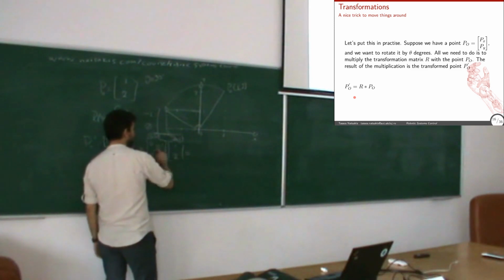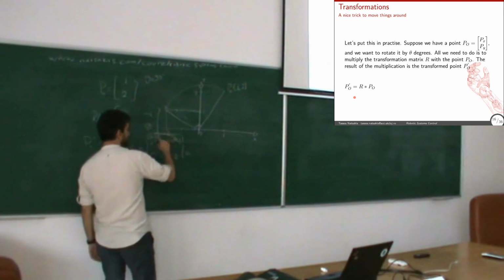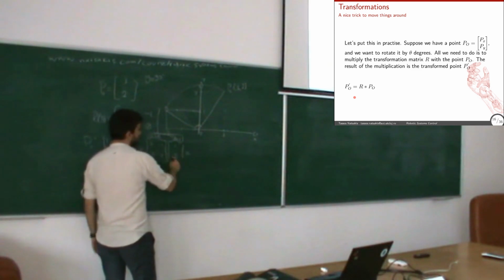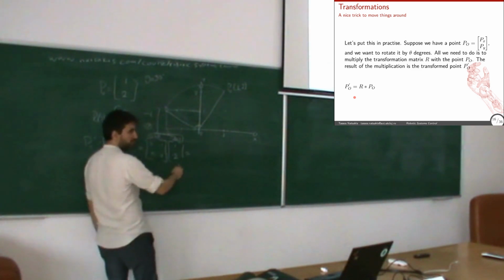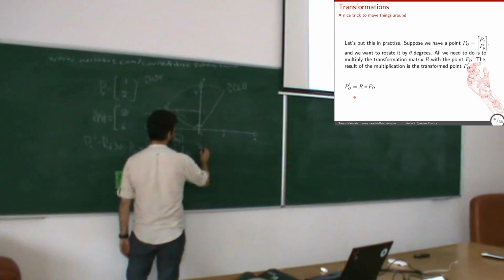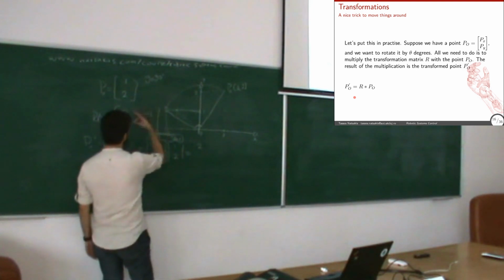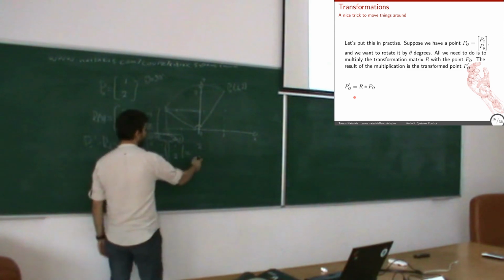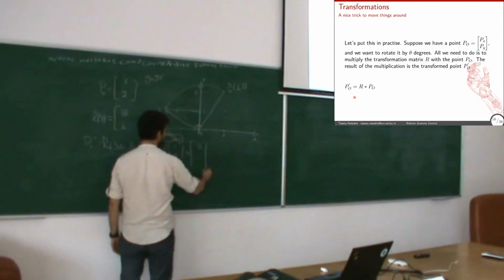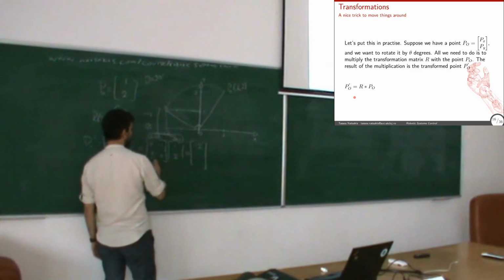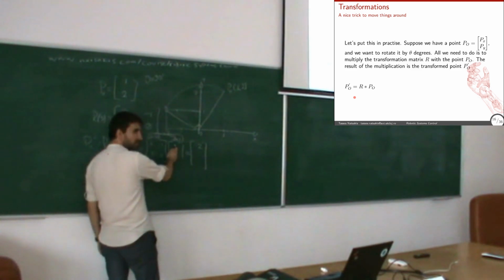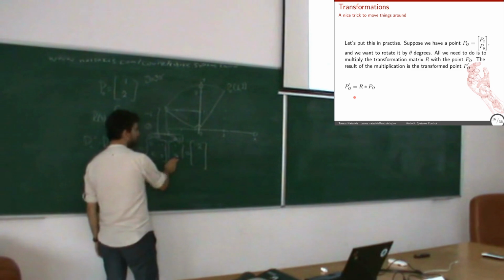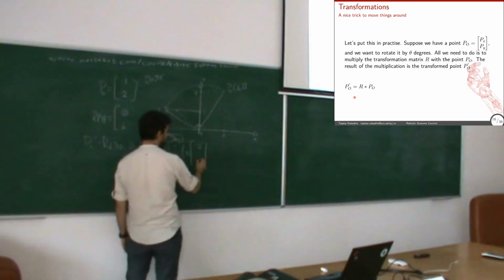Okay, so 0 times 1, 0, plus minus 1 times 2, minus 2. Looks promising. And the second element will be the second row with the first column. So 1 times 1, 1, plus 0 times 2, 0, so 1.